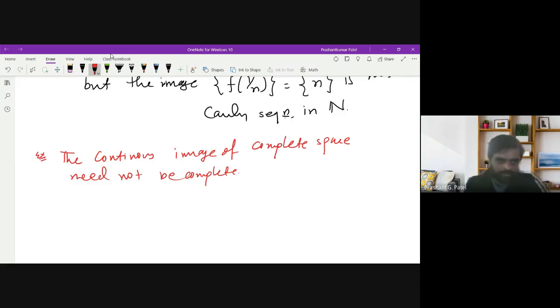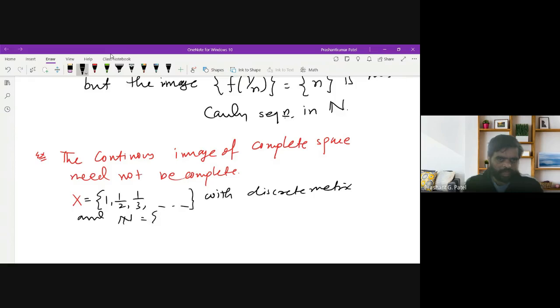That means we define X with 1, 1 by 2, 1 by 3 up to so on with a discrete metric. And N is the set of all natural numbers.